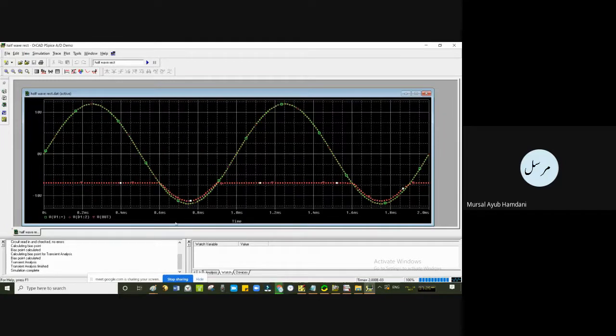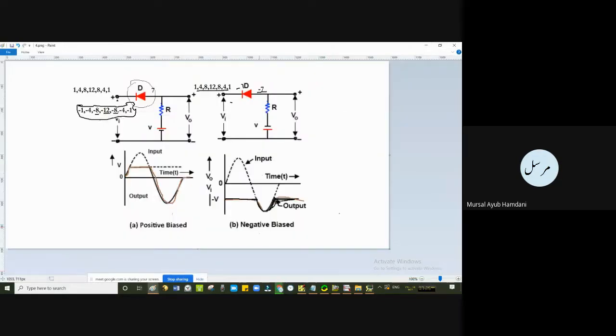Okay, you can clearly see that this is -7 here, and then when it reaches higher, more negative values, it will follow as we had intended in this design. Okay, similar to this, it will come.